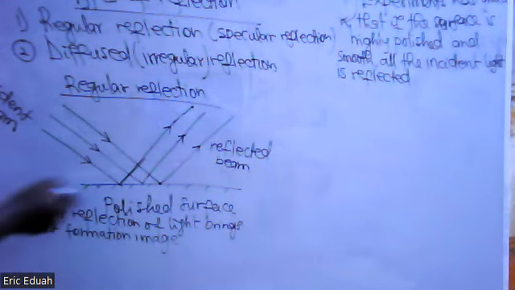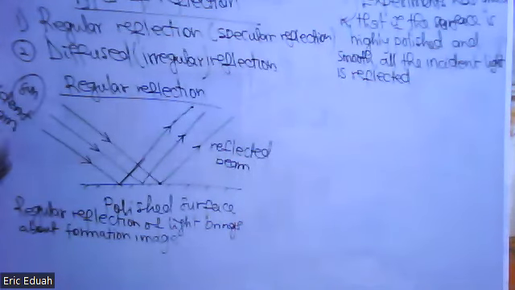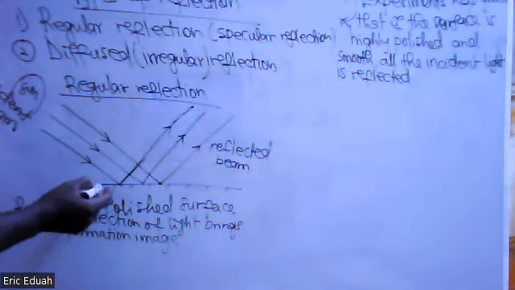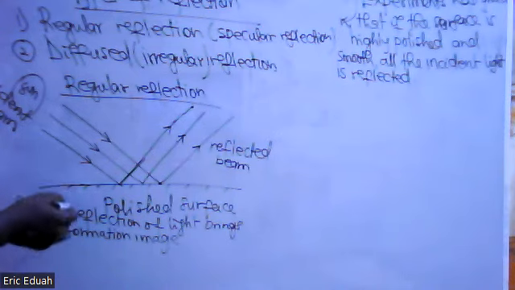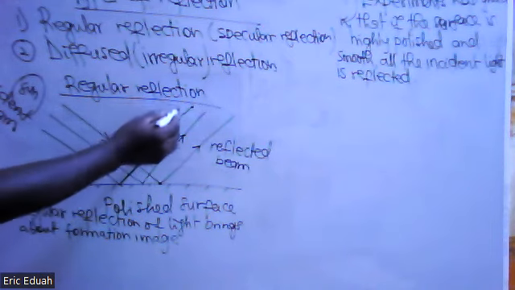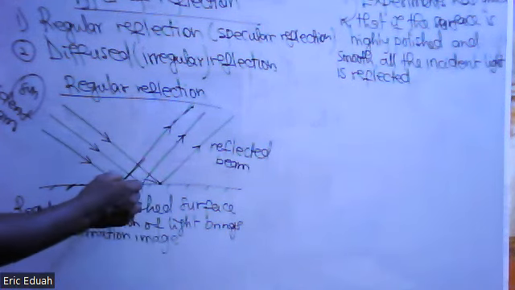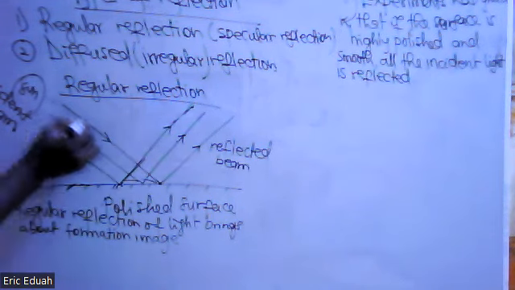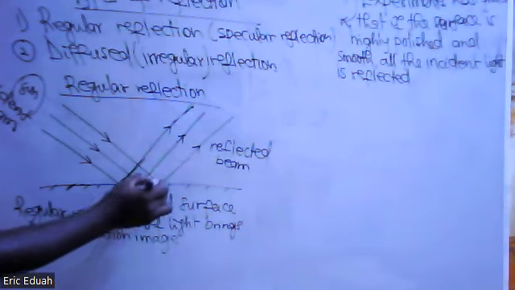If this is a very smooth surface and you have the sun here, rays coming from the sun hit the surface of a well polished material, and you easily capture the image of the sun behind it. The rays hit, get reflected, and you could trace the image of the sun below.